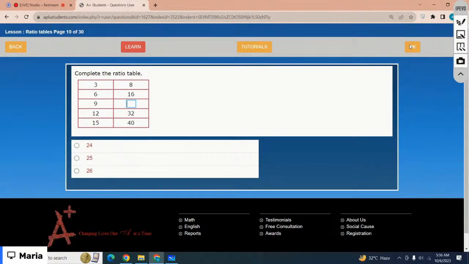Complete the ratio table. So which value is missing? The correct option is 24, right?